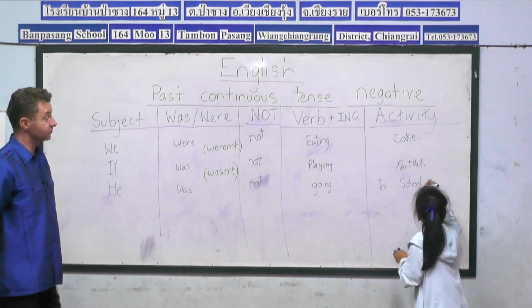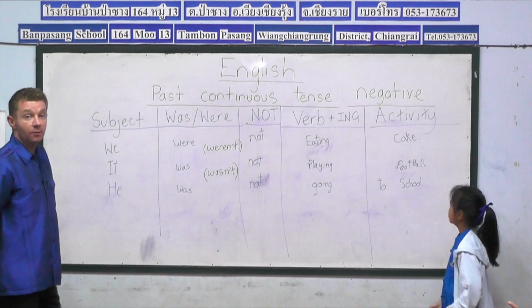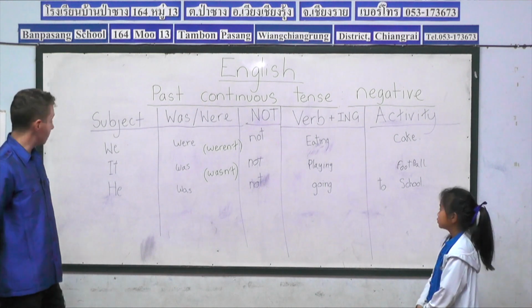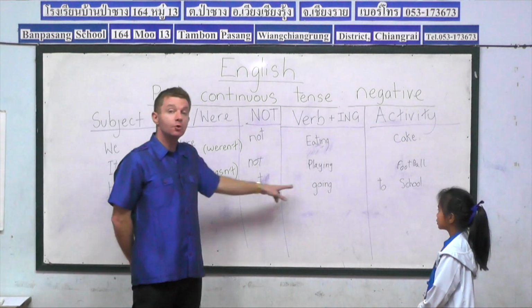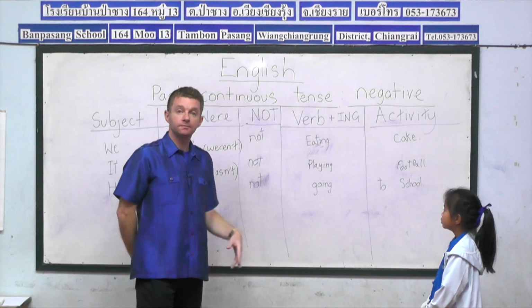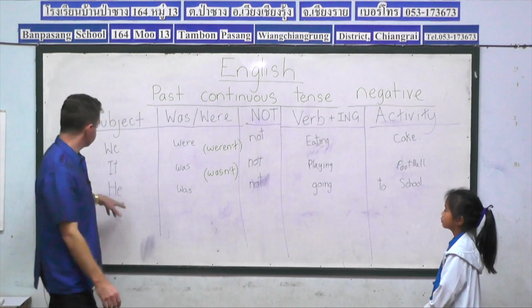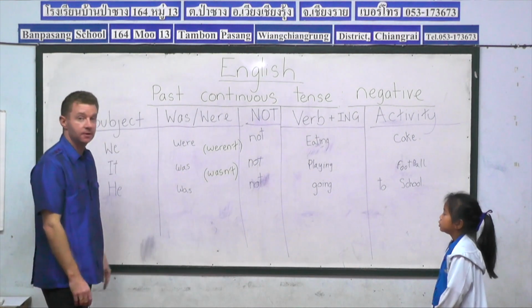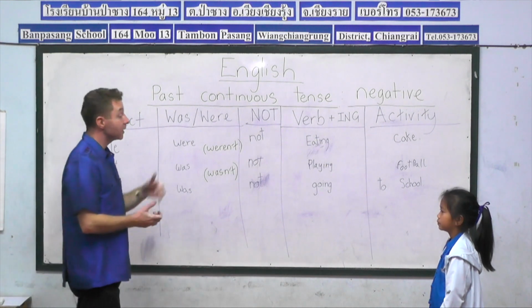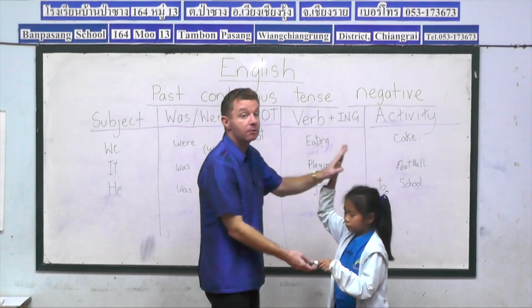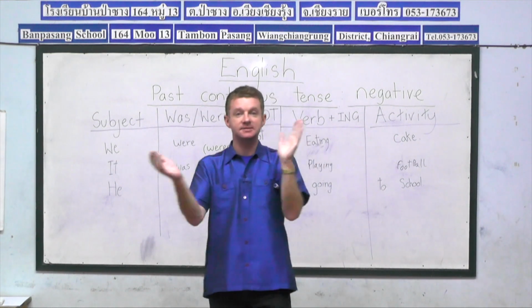Excellent, with the full stop at the end. So there we have our negative sentence from Preo. He was not going to school. And with the contraction, we would say, he wasn't going to school. Preo, that was brilliant. High five and a big round of applause for Preo, please, guys.